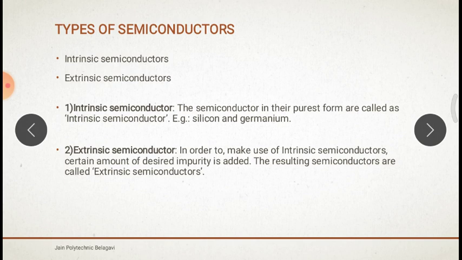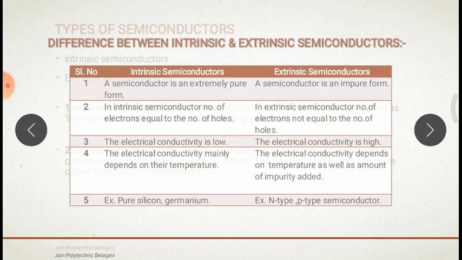So we add some amount of impurity, that is some other material, to the intrinsic semiconductor so that it starts conducting. So in order to make use of an intrinsic semiconductor, a certain amount of impurity is added, and the result is called an extrinsic semiconductor. Always remember, we do not use intrinsic semiconductors in any electronic devices. Only extrinsic semiconductors are used.